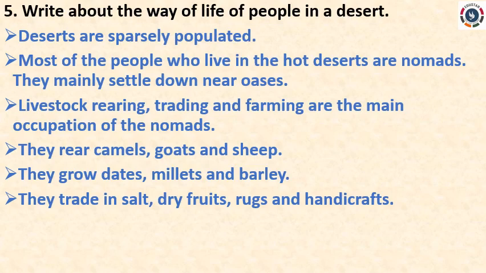Livestock rearing, trading and farming are the main occupations of the nomads. They rear camels, goats and sheep. They grow dates, millets and barley. They trade in salt, dry fruits, rugs and handicrafts.